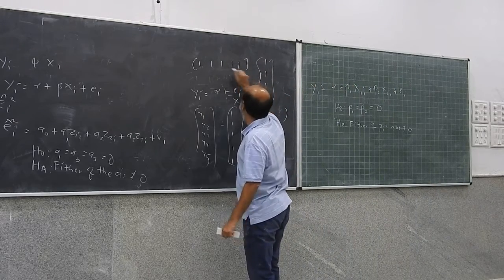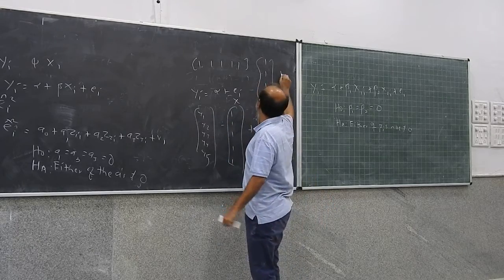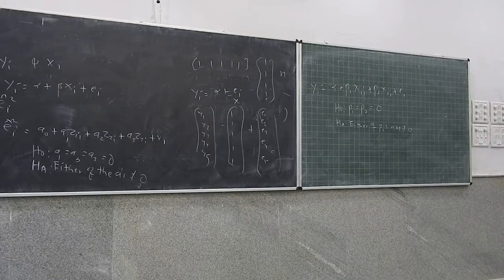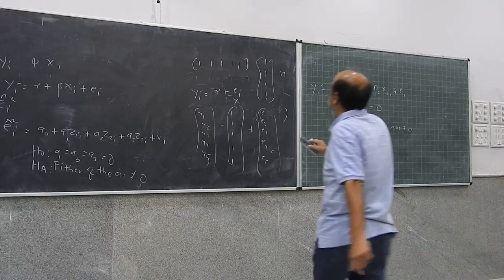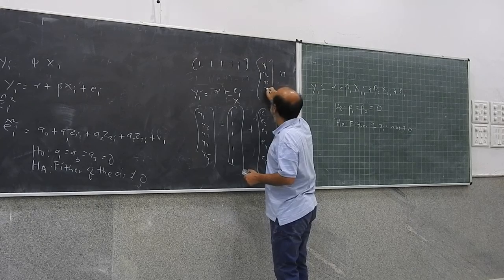1 plus 1 plus 1 plus 1 plus 1, 5. Or in general, it will be n. So x dash x will be n. What is x dash y? y1, y2, y3, y4, y5.